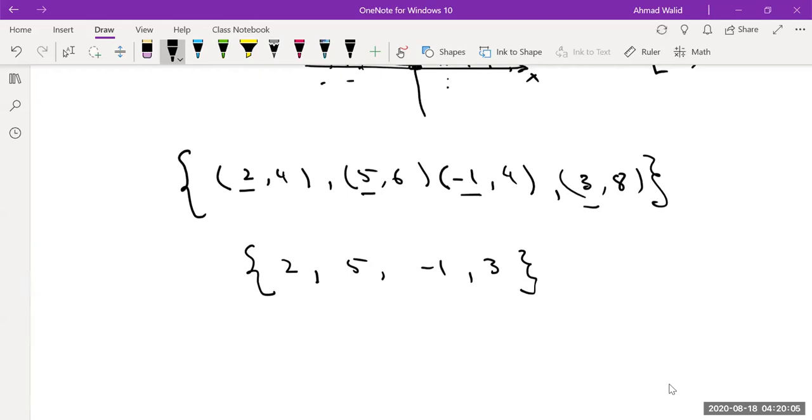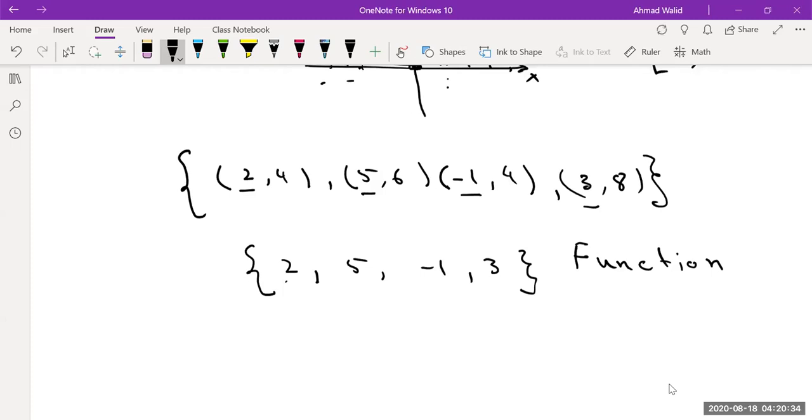If you have repeating x, that doesn't represent a function. If you don't have repeating x, you see x is not repeating. It's not the way you have 2 here and again 2. There is no repeating x. When there is no repeating x, then this relation represents a function. Hopefully you will get it.